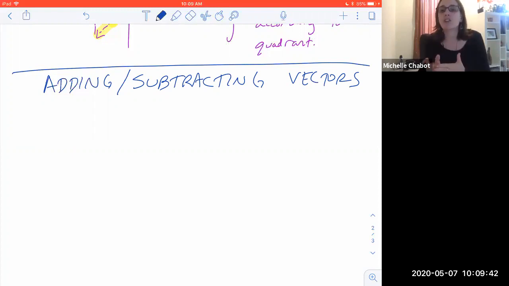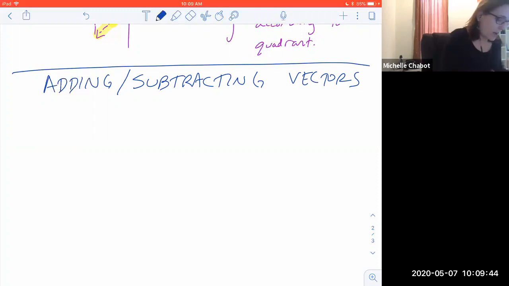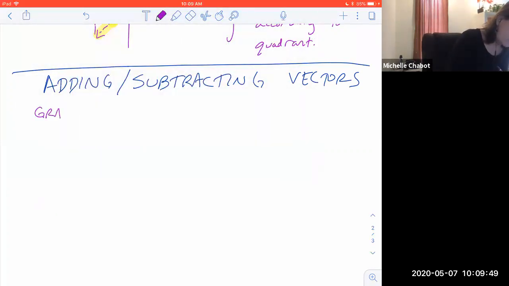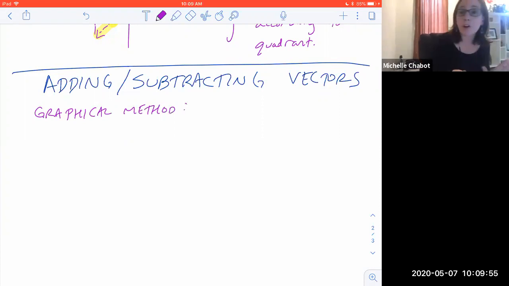You first walk along one vector, then you walk along another one. So the first thing that we'll look at for this is going to be called the graphical method. This one doesn't give you numbers, but it will show you roughly where you expect the vector to be. So this one, 100%, think about the treasure map.